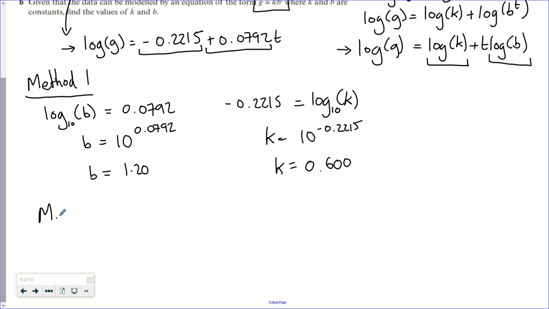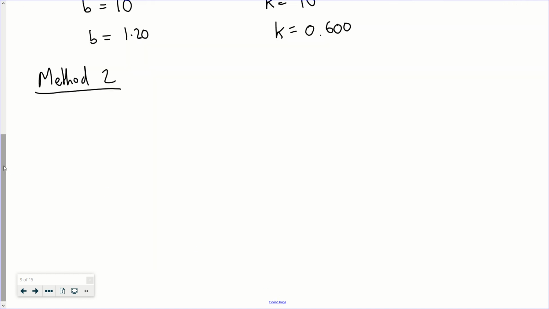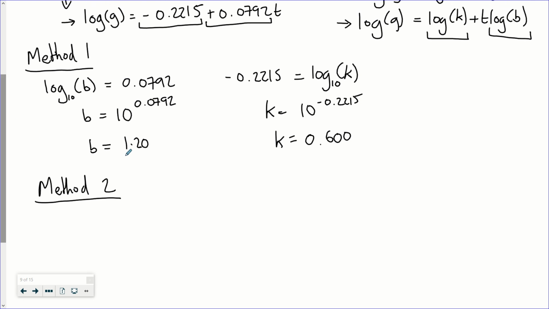If we were to use method 2, method 2 just uses the relationship that you find from the regression line. So we want to rearrange this regression line equation to get g the subject.